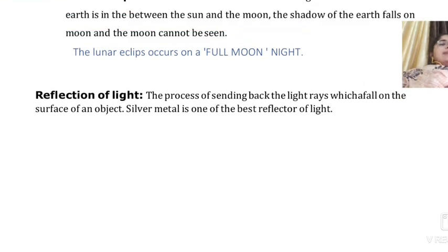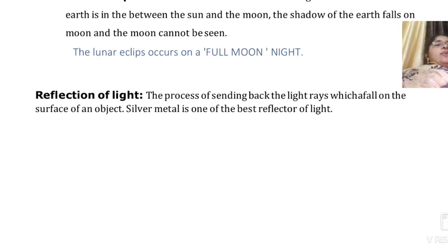Next and last topic of this chapter is about reflection of light. Students, in this chapter we learn only the definition of reflection of light, but in the next standard we will study it in depth. Why does this process happen, what is the reason for reflection of light, and how can we see any object.